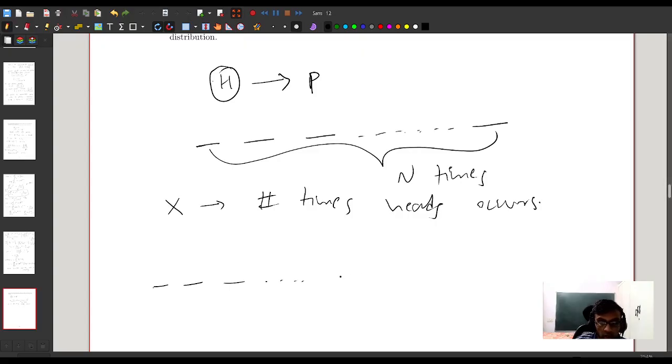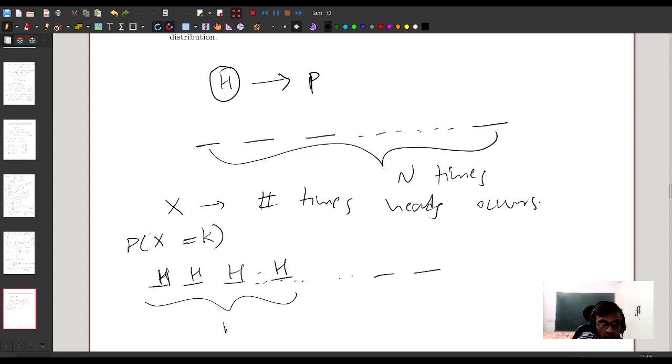We can look at, for example, one configuration in which this can happen. So for example, you can get heads k times, or x times. The random variable is x, and we have to find the probability that this is equal to k. So you can get heads, let's say, the first k times and tails the next n minus k times.